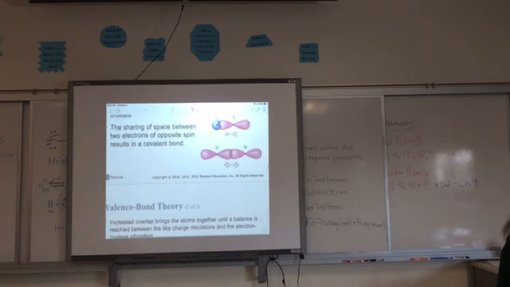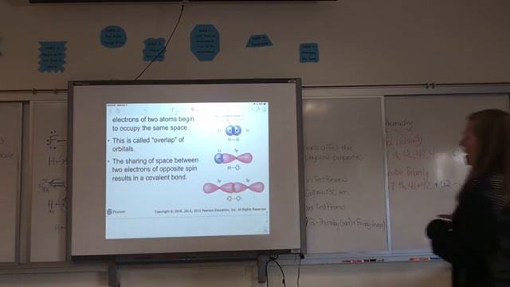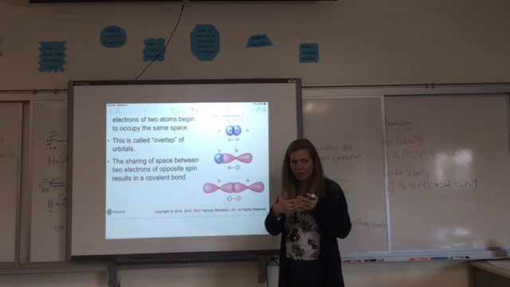On this slide, for example, when we are talking about molecules and their covalent bonds, they are sharing electrons. What that actually means is that their orbitals are overlapping.